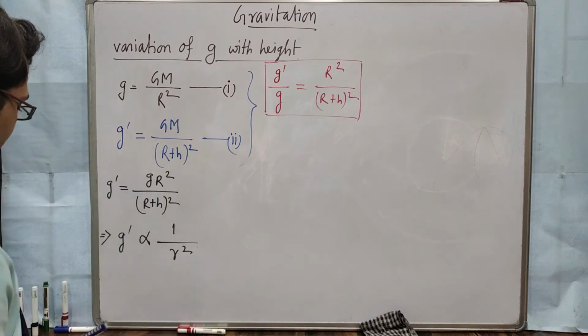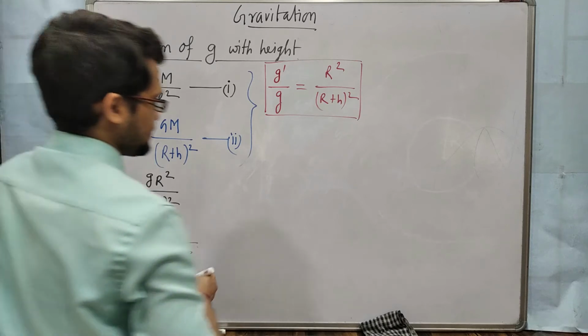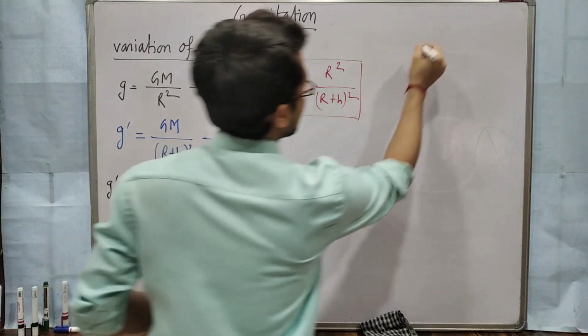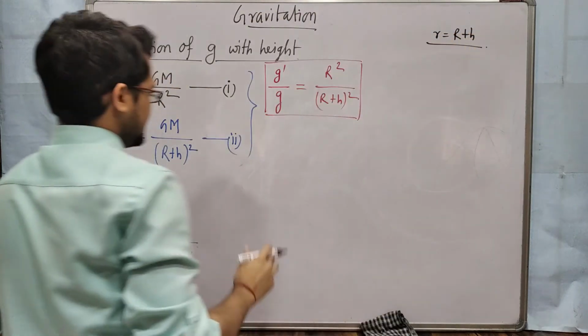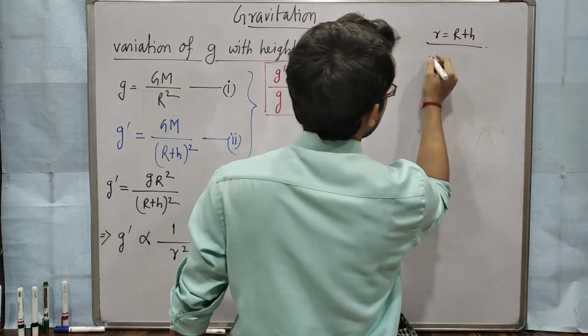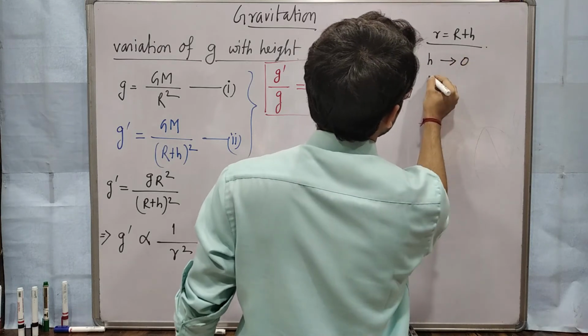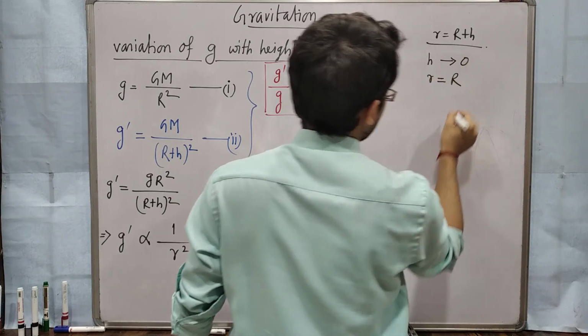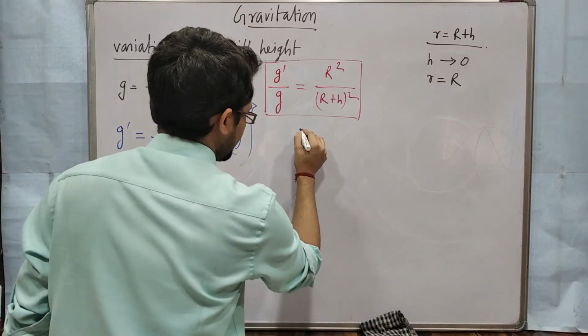So now come to the graph, the graph between g prime and r, where r is R plus h. Here we are measuring height from the surface, so height will start from 0. That means r will start from capital R, the radius of earth. From that point we will start the graph.